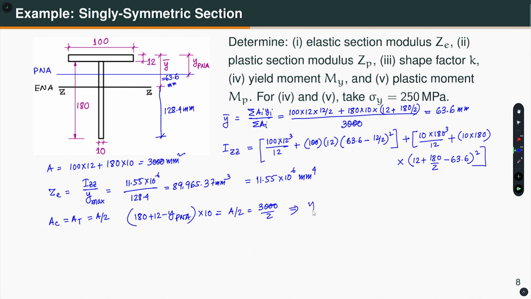If you solve it, you get y p n a equal to 42 millimeter. As you can see, the elastic neutral axis was at 63.6 and the plastic neutral axis is at 42.